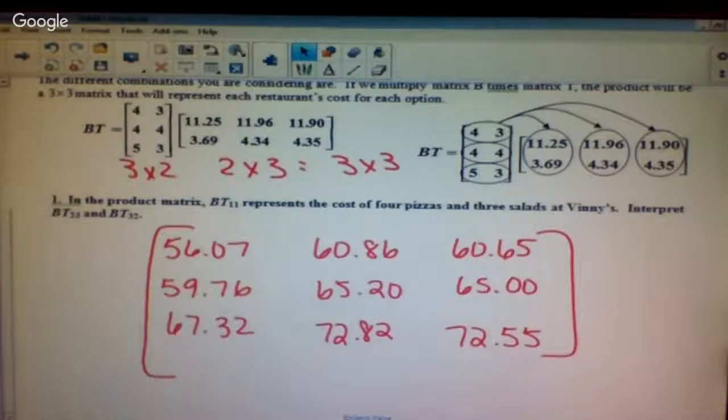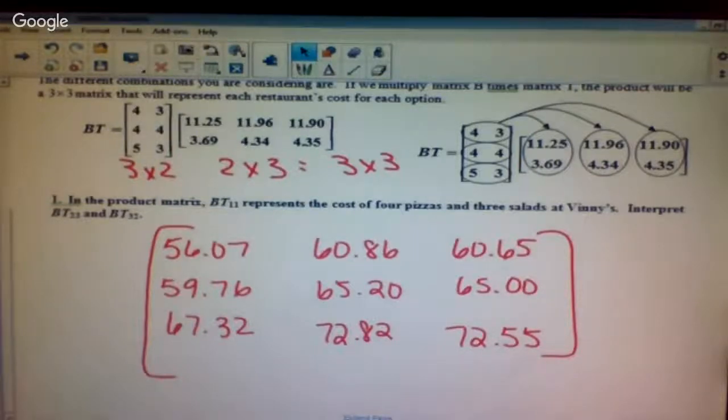Okay. I really thought about torturing you all and making you do this by hand. I need you to understand the concept more than understand how to multiply it. I need you to be able to interpret it.